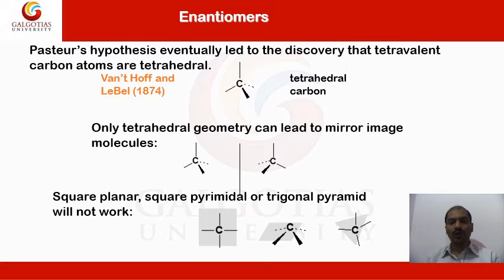Without knowledge of the stereochemistry, or of the different arrangement of atoms in space in a particular molecule, if one is not well aware of it, then the product can have the same molecular mass but a different nature or different reactivity.